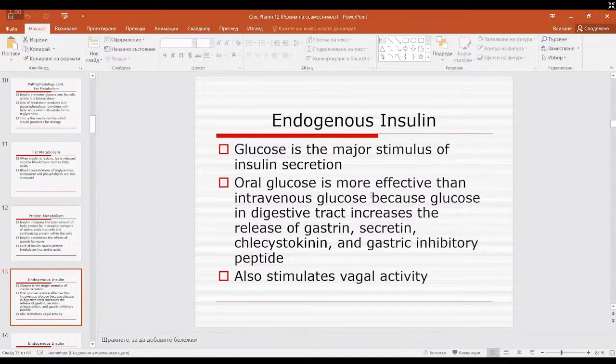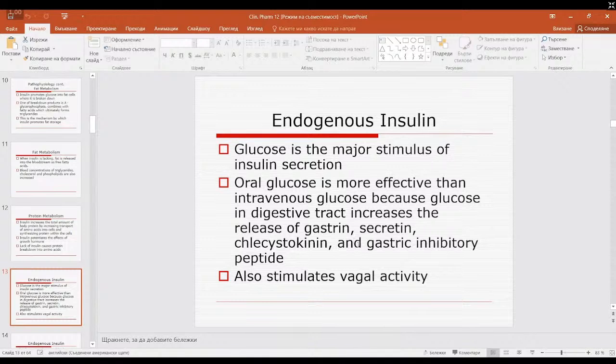This is an important point to keep in mind when treating such patients, because when you give your patient oral glucose, this glucose in the gastrointestinal tract leads to an increase of gastrin, secretin, cholecystokinin, and gastric inhibitory peptide, or GIP, secretion, which of course help the secretion of insulin.